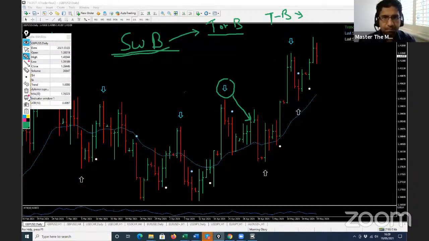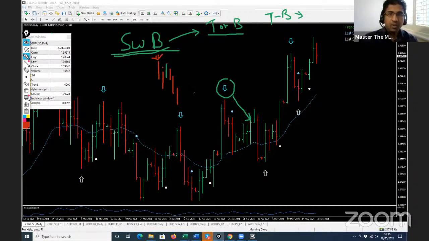Let's annotate. Something is coming back down here, it went up a little bit, then came back down, and let's say that was the confirmation bar that confirmed the top.